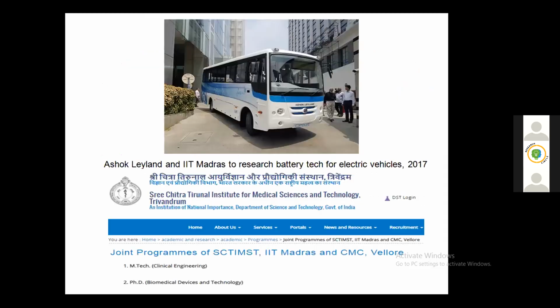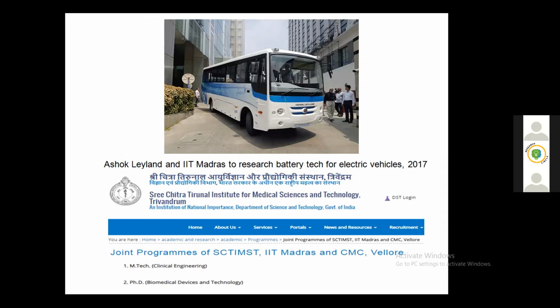Now, here you can see the need for collaborative research and how research is planned to satisfy the needs of the future. In 2017, a research group started a research activity to develop a better battery system for electric vehicles.